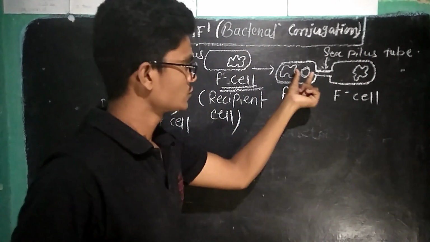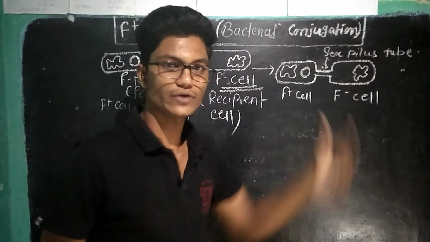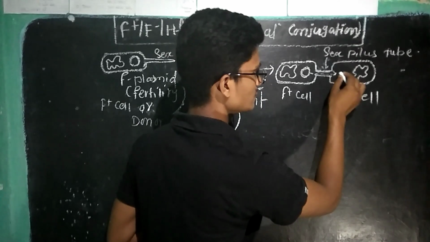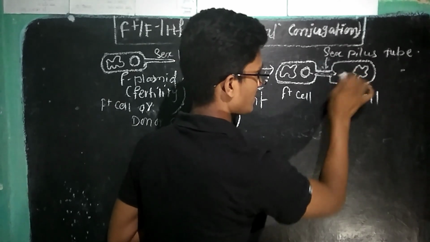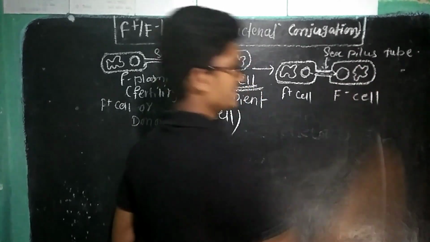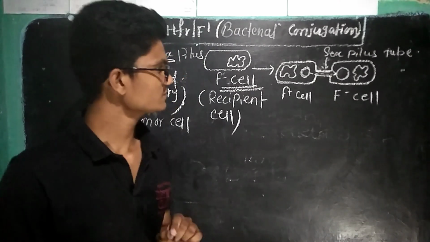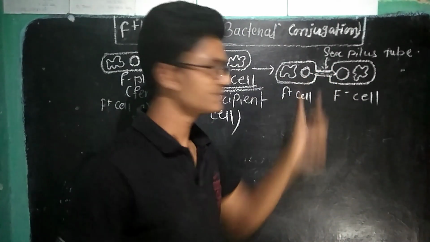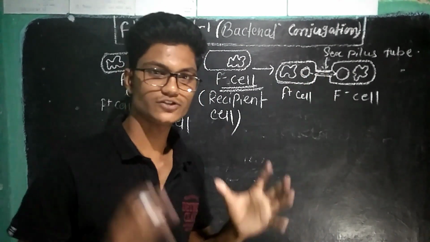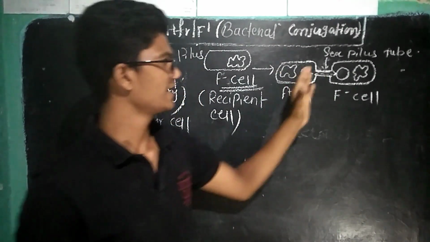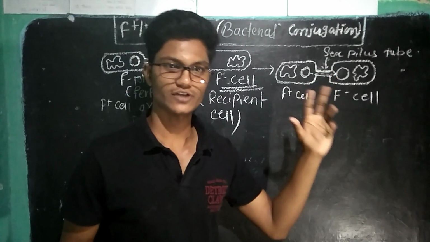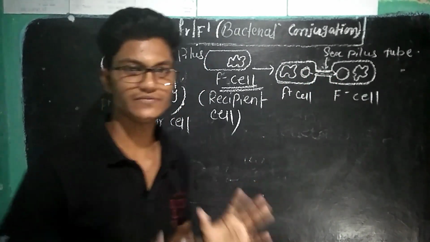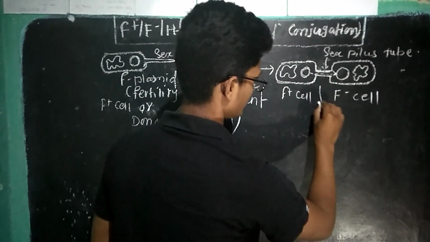So this F plasmid starts to replicate, producing another copy and transferring it into the F minus cell. Now after some time this sex pilus tube starts to break, and the two cells separate as individual cells in the next step.